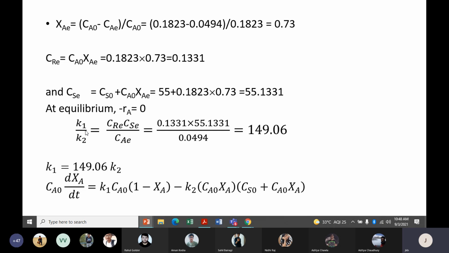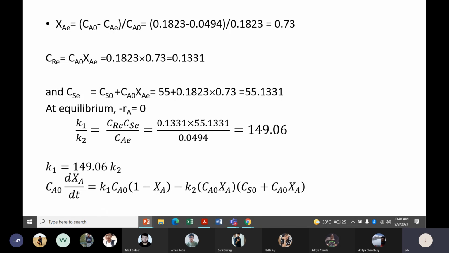From here you can write K1 as a function of K2 or K2 as a function of K1. Just one constant you can keep. So K1 is known in terms of K2, and this is the equation after substitution of rate equation in the mole balance.